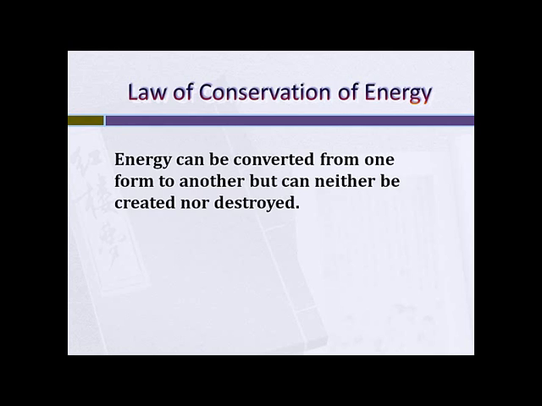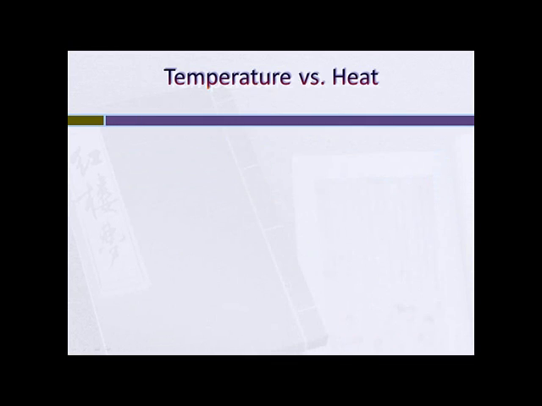And heat flow is related to the conversions that take place. And the law of conservation of energy is based on this. That is, energy can be converted from one form to another, but it cannot be created, nor can it be destroyed. The energy of the universe is constant. It is simply being converted all the time.